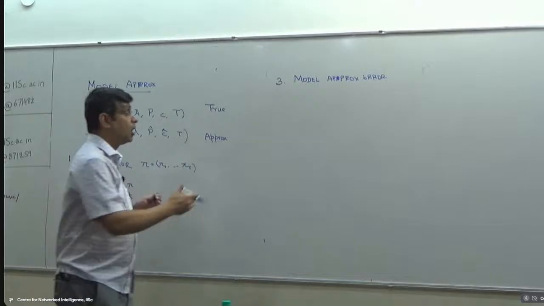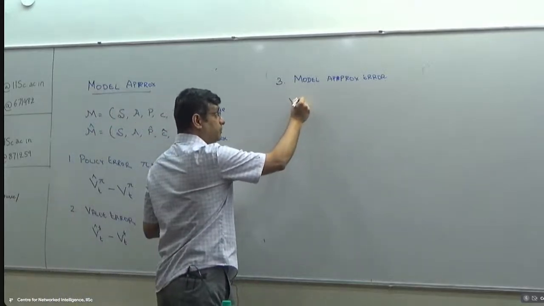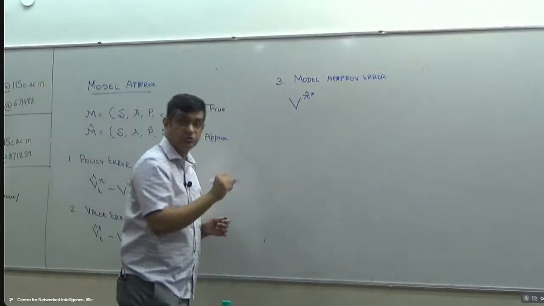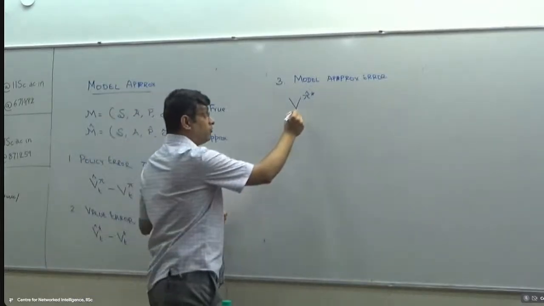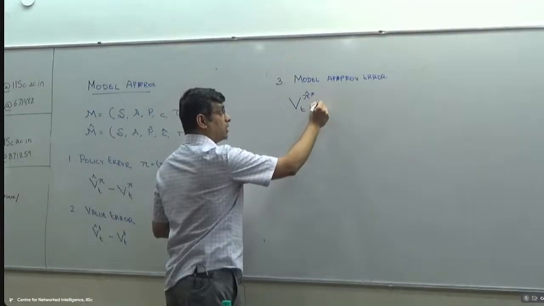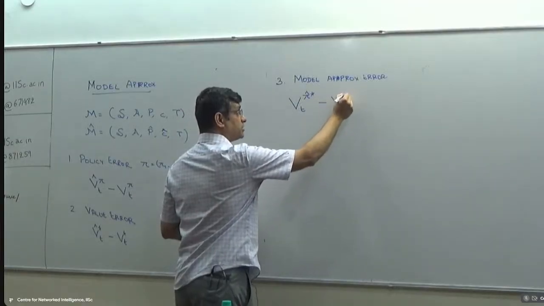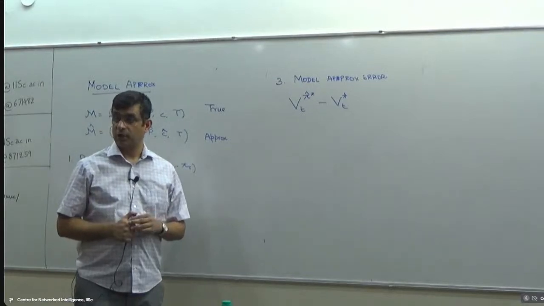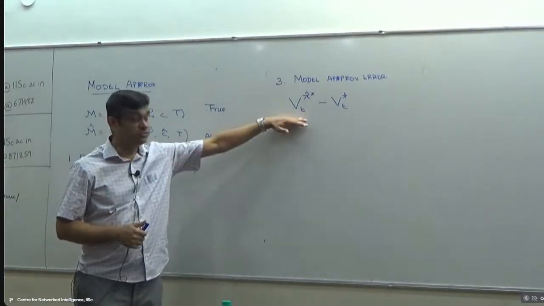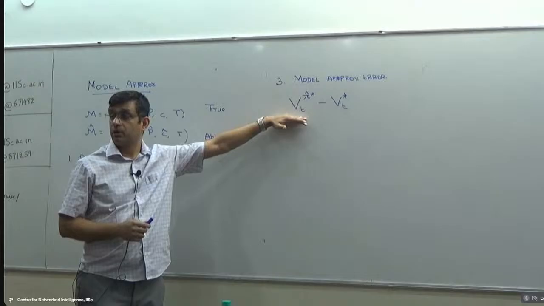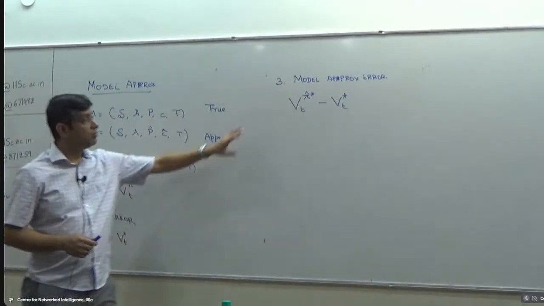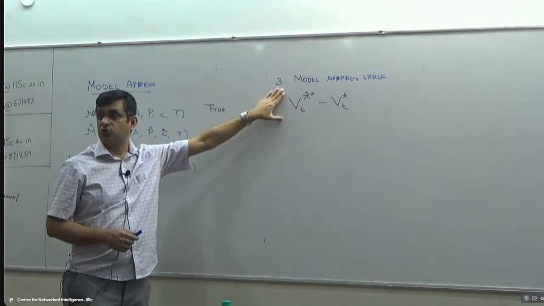So how good is the performance of the optimal policy of the approximate model when used in the real model, compared to the best that I could have done in the real model. Okay. This is what I eventually care about. All these other things are going to be intermediate steps for me to get a bound on this quantity.